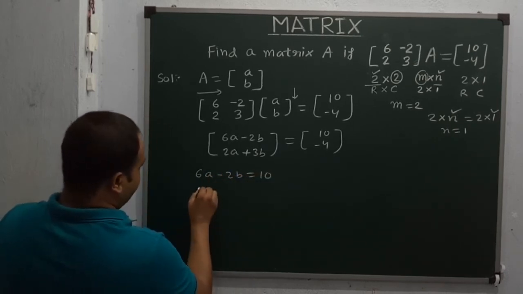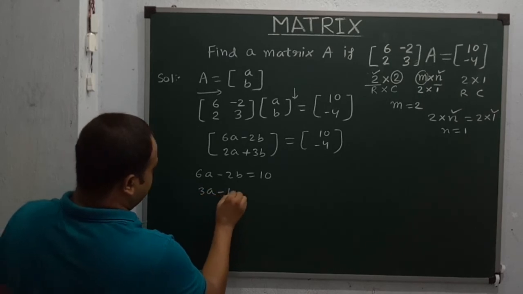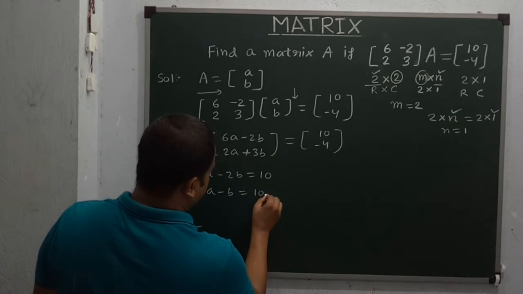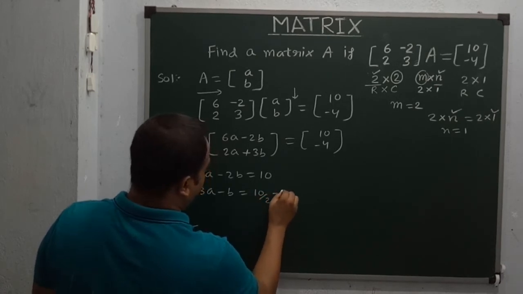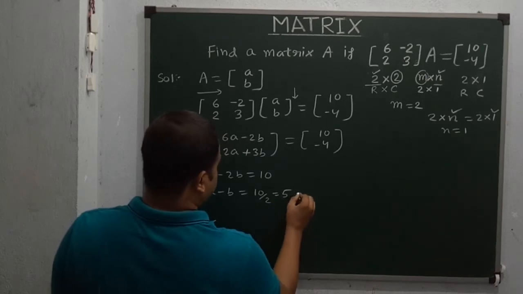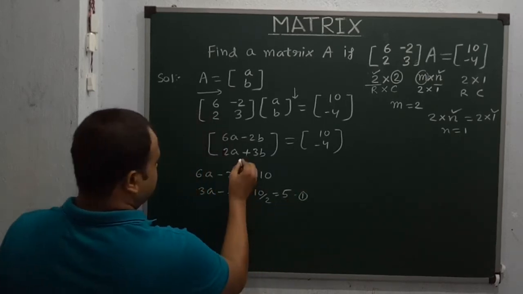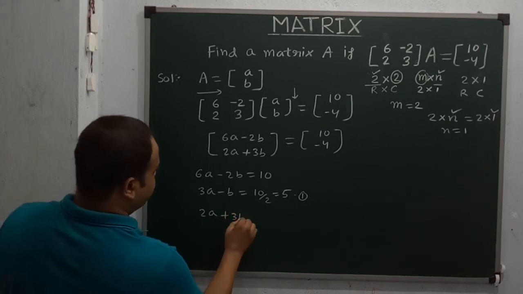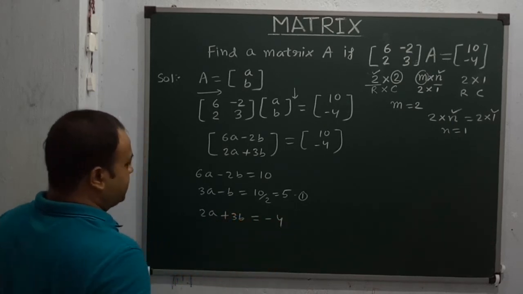If you simplify it, we are getting 3a minus b equals to 5. 10 by 2, that is 5. And second equation we are getting, this is equation number 1. Second equation is 2a plus 3b equals to minus 4.